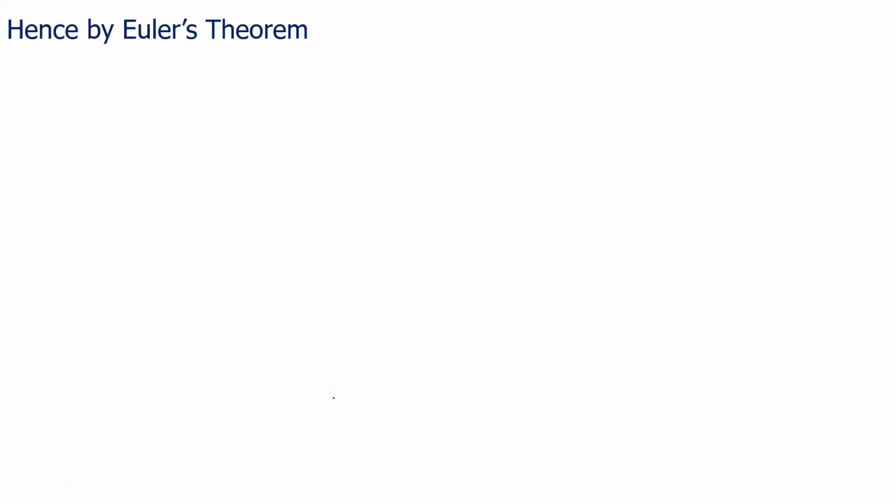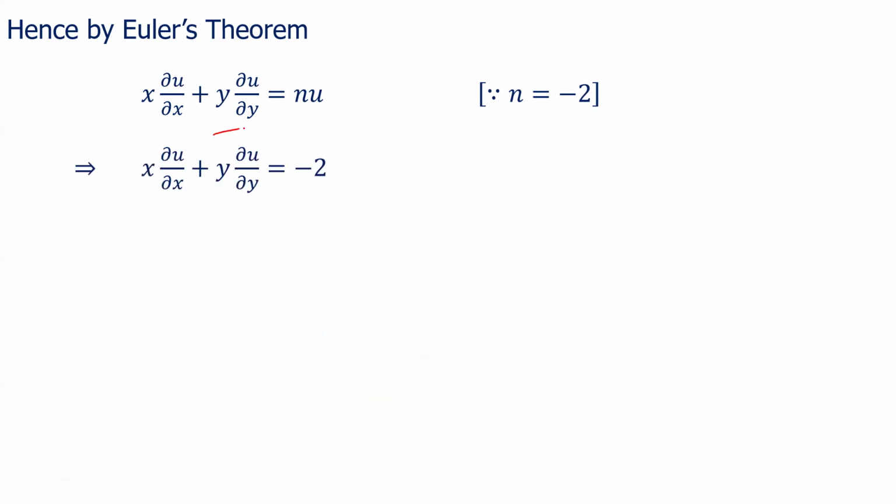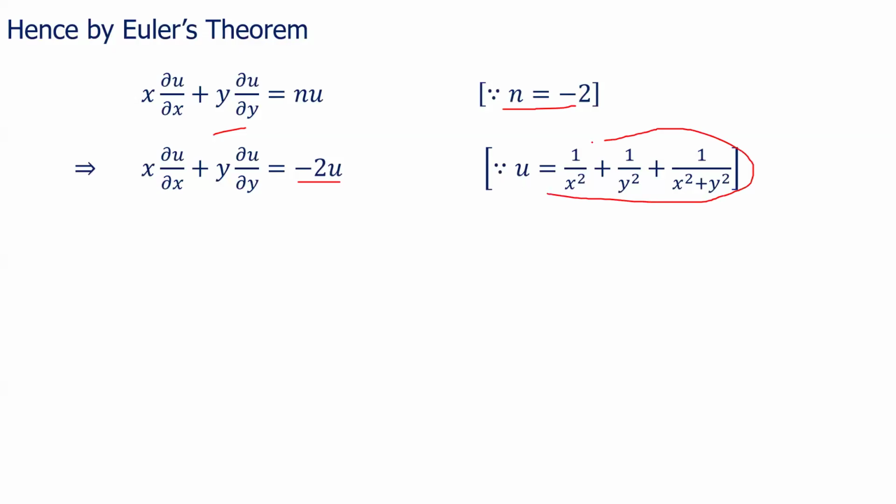Hence, by Euler's theorem, x del u del x plus y del u del y is equal to nu, here n equal to minus 2, which implies x del u del x plus y del u del y is equal to minus 2u, because n is equal to minus 2.